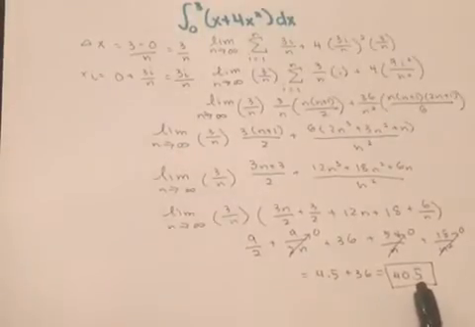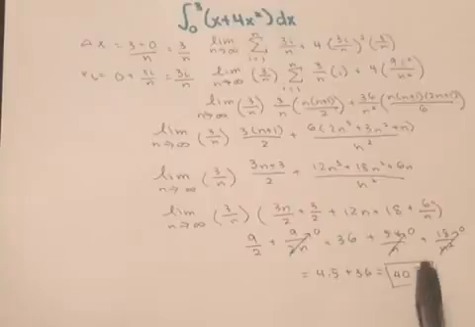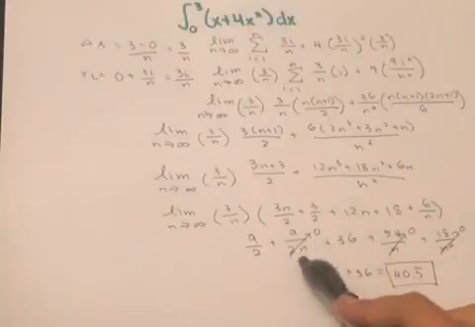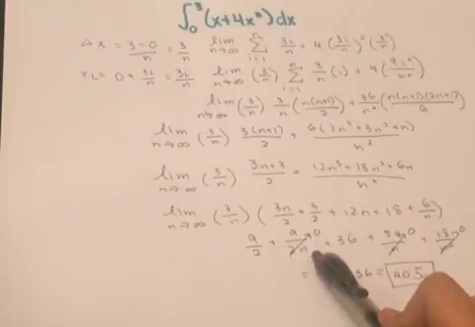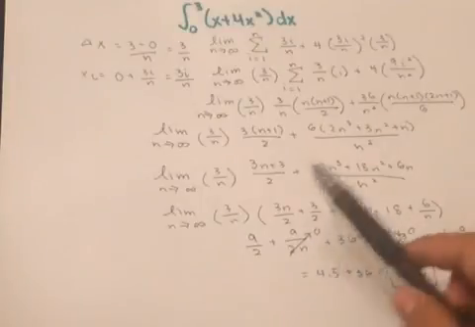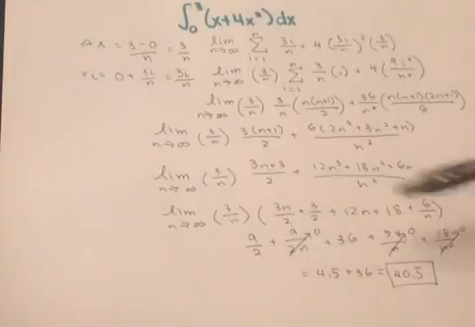And this means that it is approaching 0. So you are just left with n over 2 plus 36, and n over 2 equals 4.5, and then so it's 4.5 plus 36, which equals 40.5.